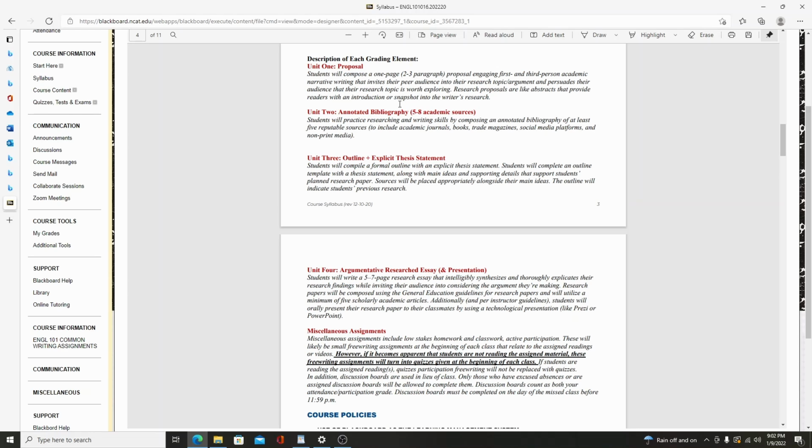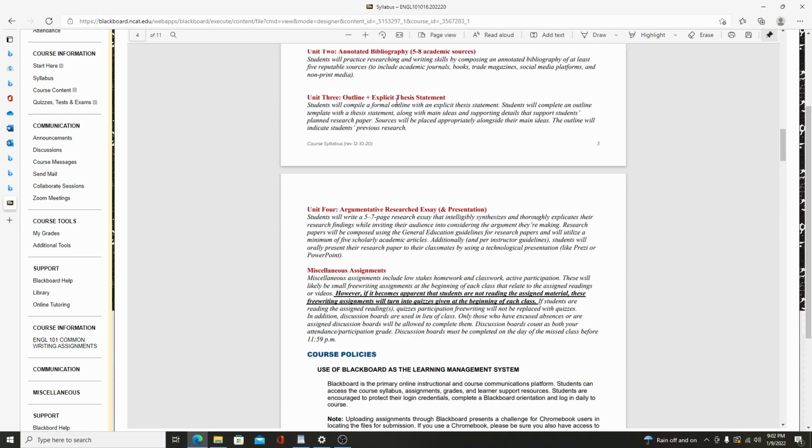In Unit 2, you'll be doing an annotated bibliography. Here you will essentially find sources. You'll create an annotated bibliography, which essentially means you give me the citation information and give me a paragraph afterwards telling me what this paper is about. Unit 3, outline plus explicit thesis statement.